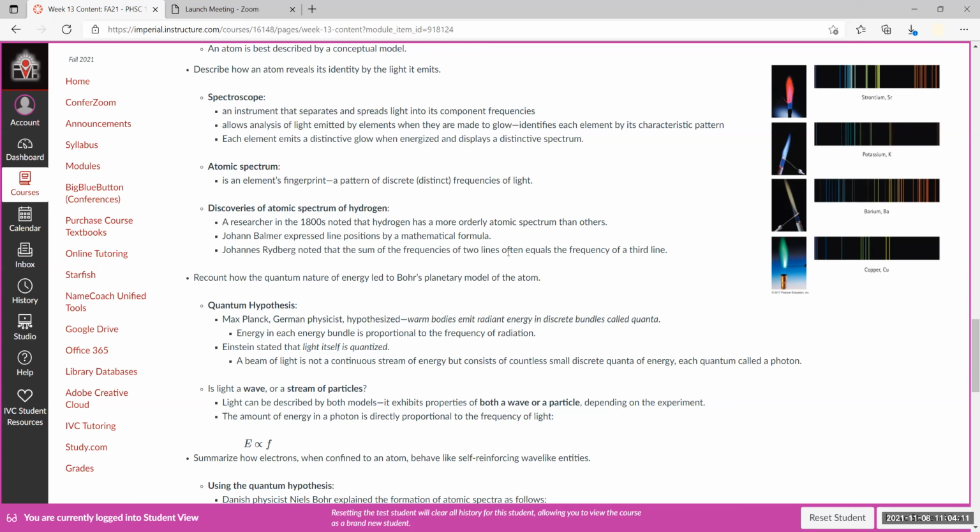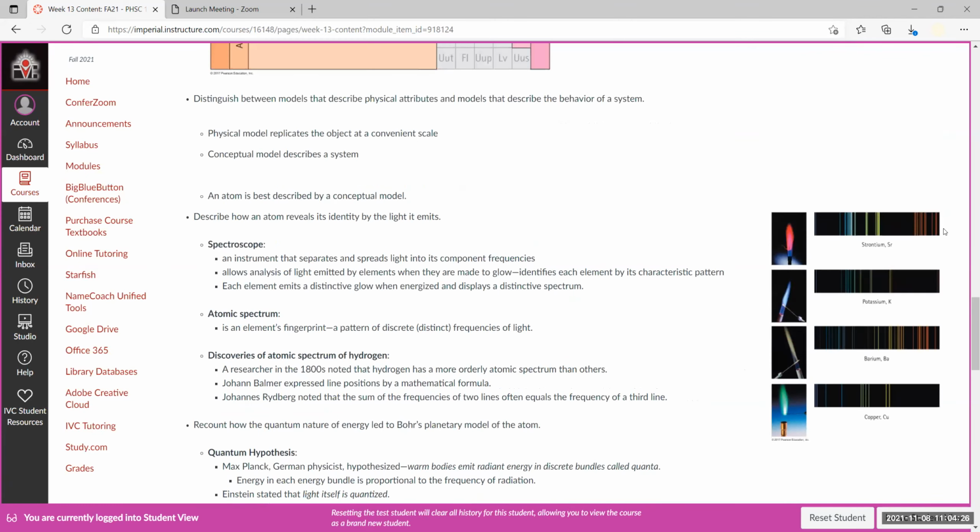Then Mr. Einstein took that same idea and actually explained the photoelectric effect, which led later on to the concept of the photon that was introduced. It turns out the energy in this case is proportional to the frequency, because what we're dealing with in this case is emitted light. The higher the frequency, for the case of the violet, the higher the energy transition.